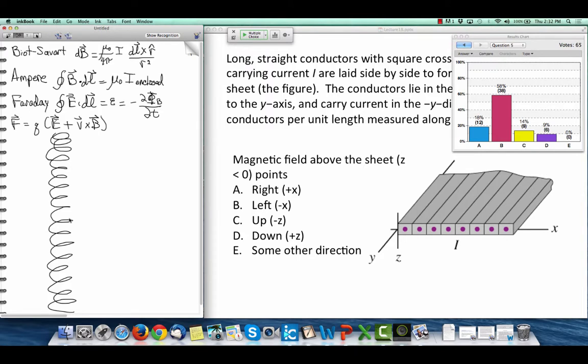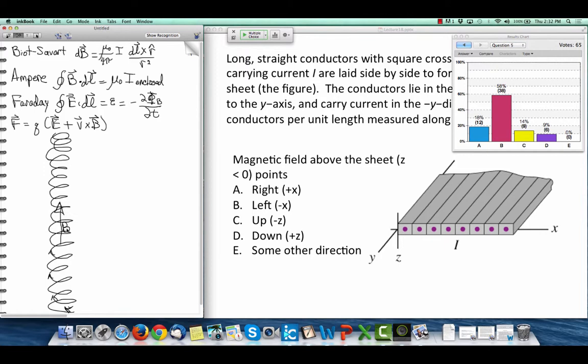All the loops inside are wound in the same direction and have current in the same direction, currents going around and around this thing in the same direction. All of the magnetic fields inside the loop will point in the same direction.